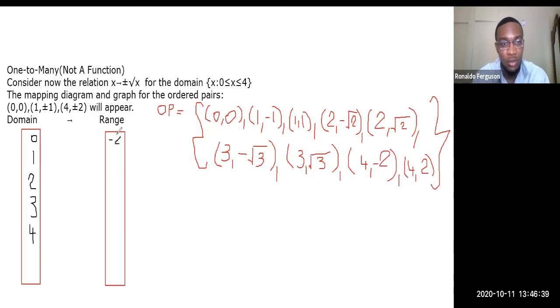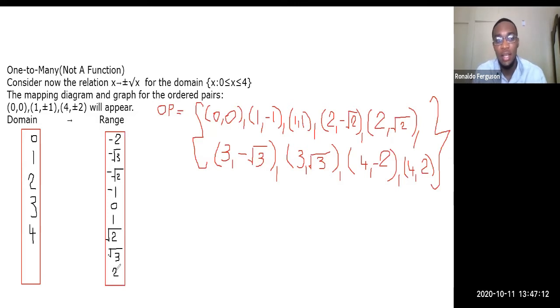Then I have negative the square root of 3, then negative the square root of 2, then -1, then 0, then +1, the square root of 2, then the square root of 3, and then the square root of 4, or 2.